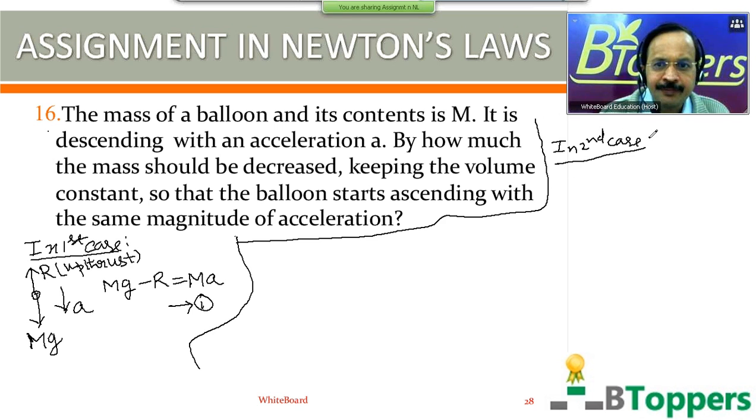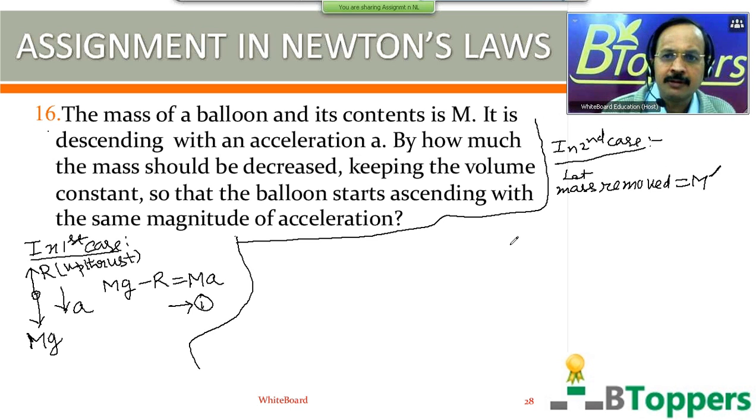So in the second case, let us suppose the mass detached or removed from the balloon is m dash. I denote the mass detached or removed from the balloon by m dash. So the remaining mass of the balloon with contents in the second case will be m minus m dash.